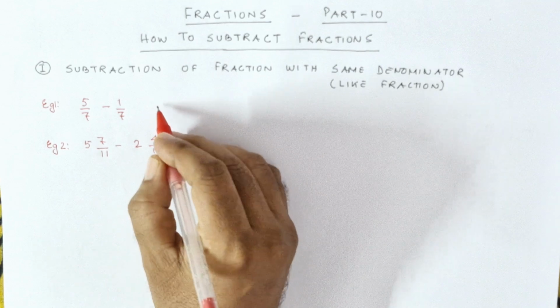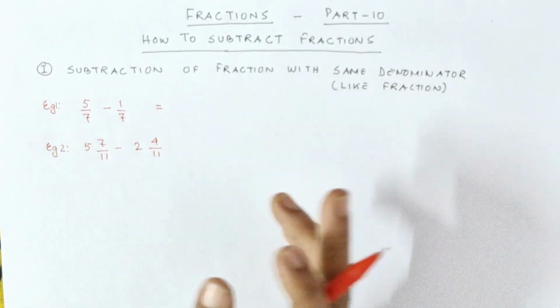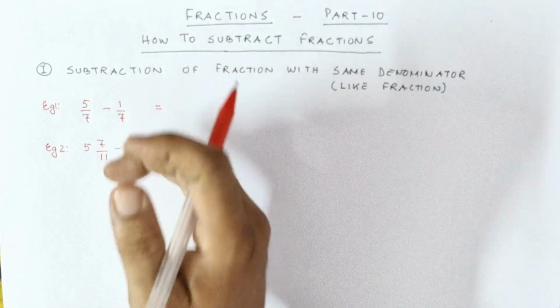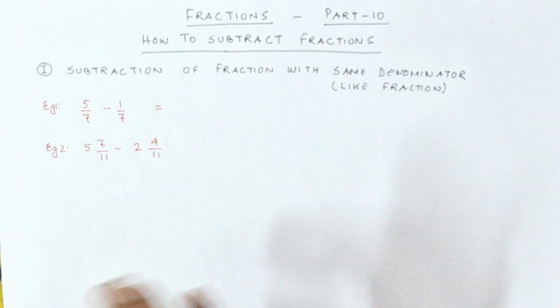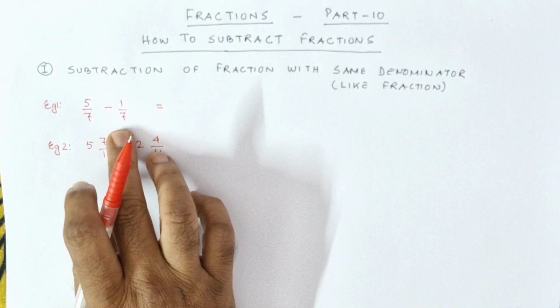See, right? So in this case, subtract the numerators. As you have seen in addition, you have seen addition of the numerators keeping the denominator the same. So in subtraction, the rules are almost the same. Subtract the numerators keeping the denominator the same.